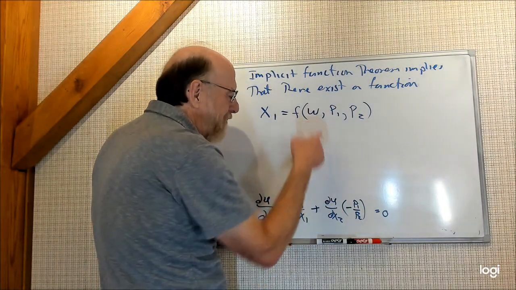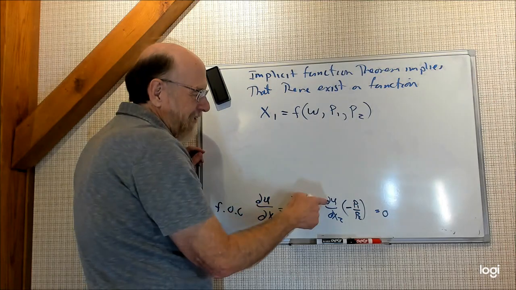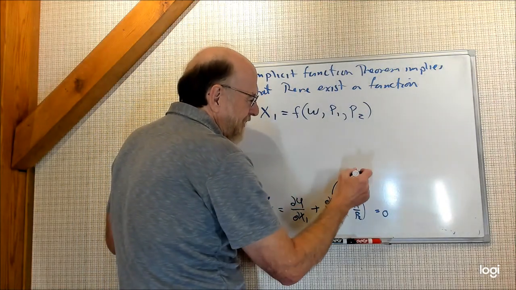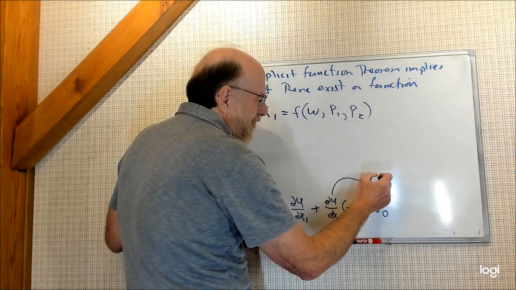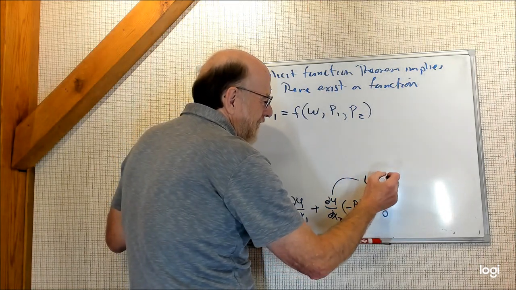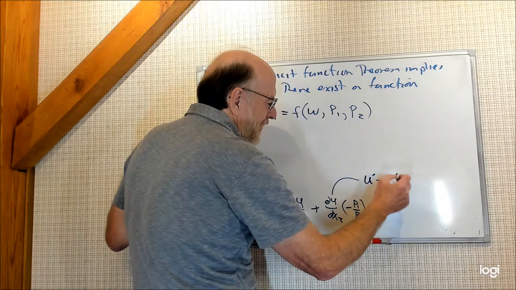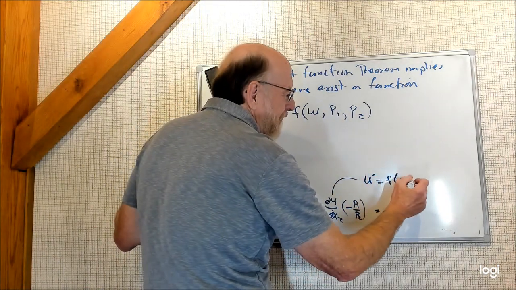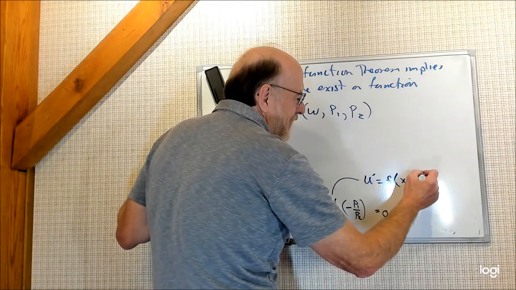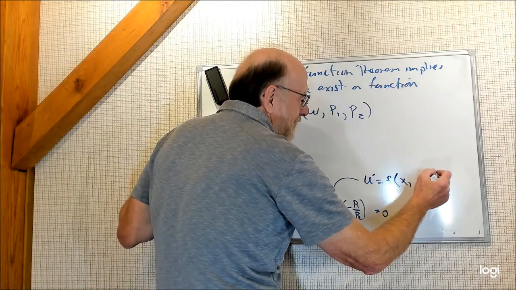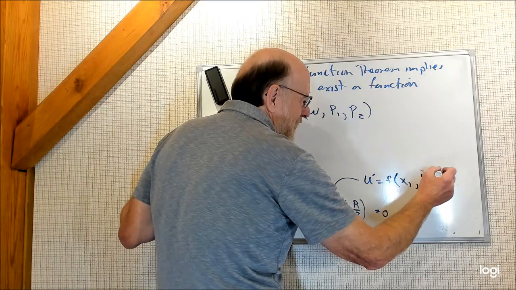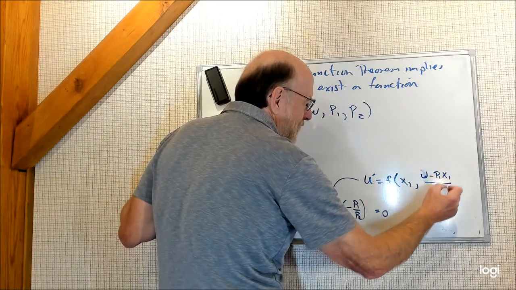The reason w shows up in this list but isn't obvious here is that this function, u prime, is some kind of function of the same arguments as the original function, which was x1 and w minus p1 x1 over p2.